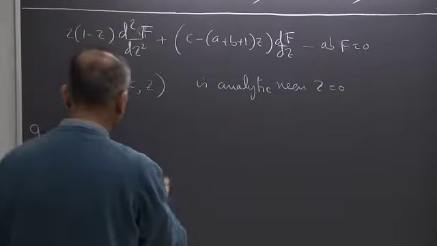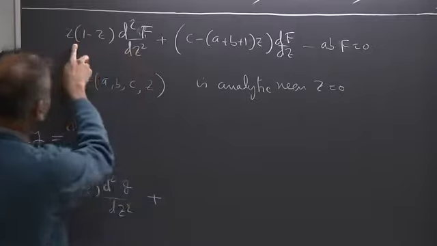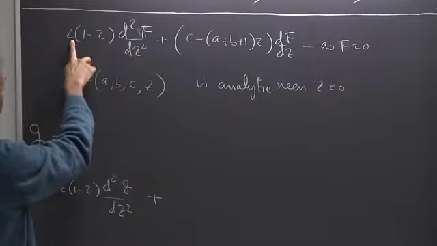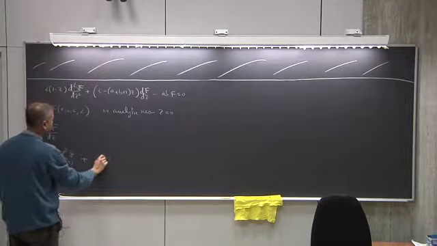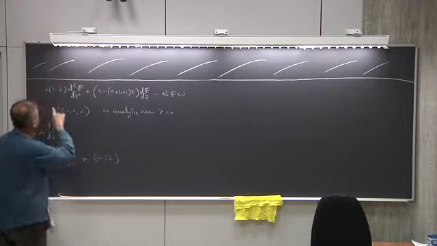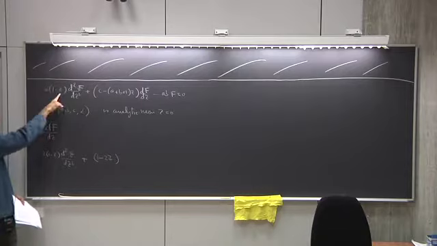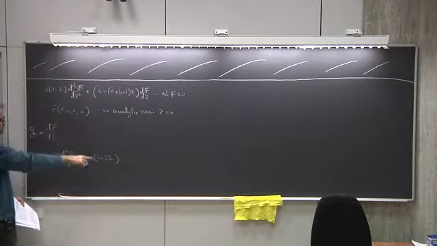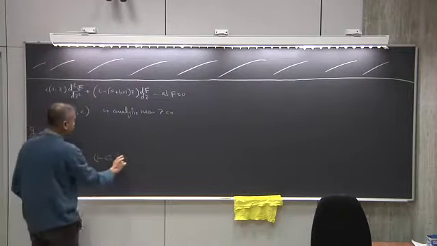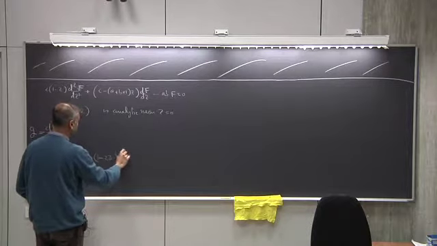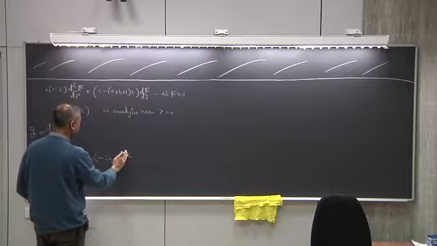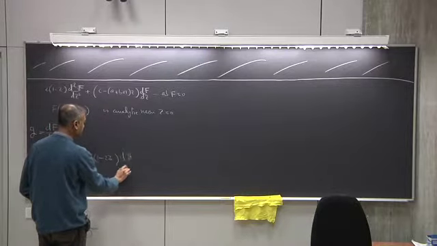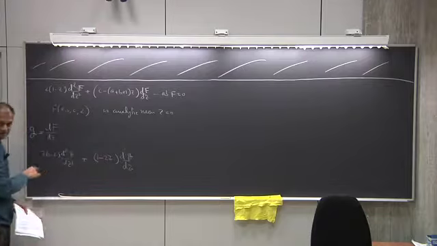Then you get a term where the derivative hits here, giving minus (1 minus 2z), after all this is z minus z squared, so the derivative of that is that, times d2f by dz2, which is the same as dg by dz. I want to write everything in terms of g.